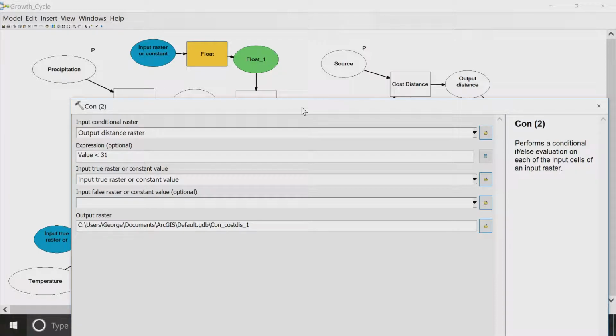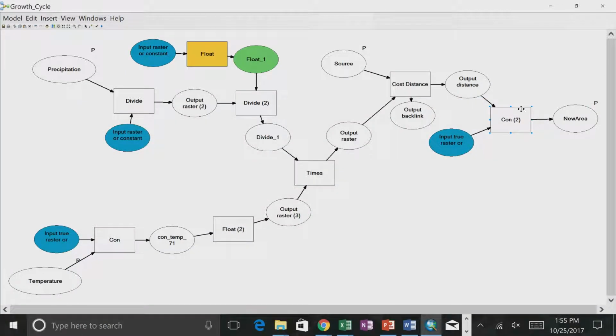So I'm overestimating a little bit in February, and I'm underestimating in January, March, all the months with 31. Okay. So that's this conditional operation. So that's one time through the loop. I get a new area out there.